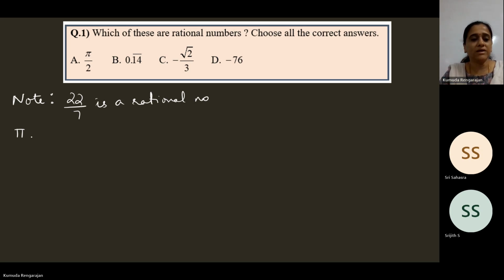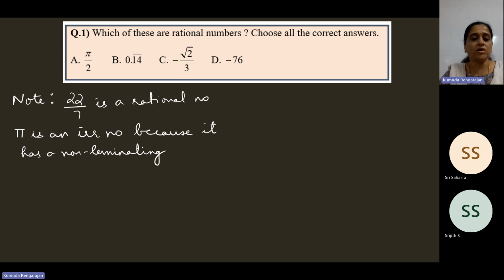Pi is an irrational number because it has a non-terminating, non-repeating decimal expansion.